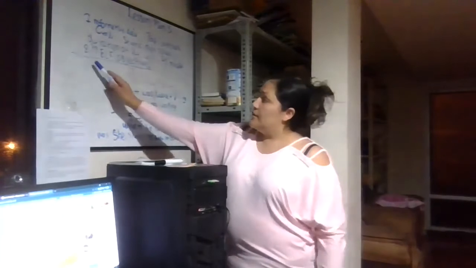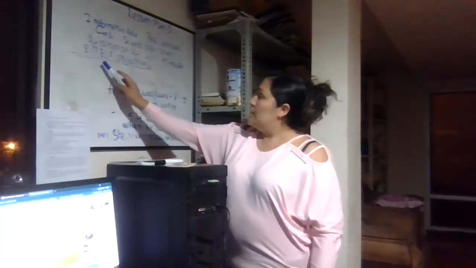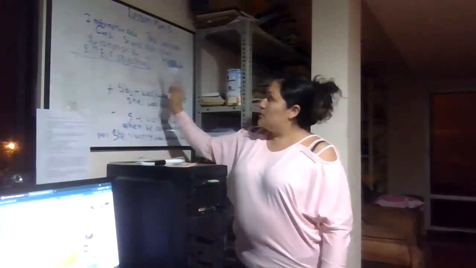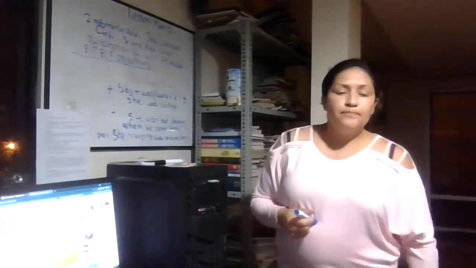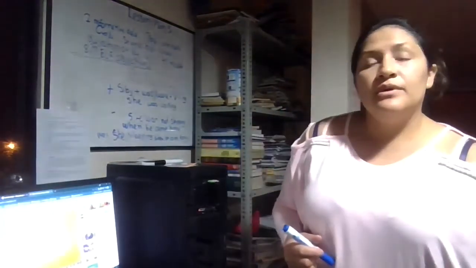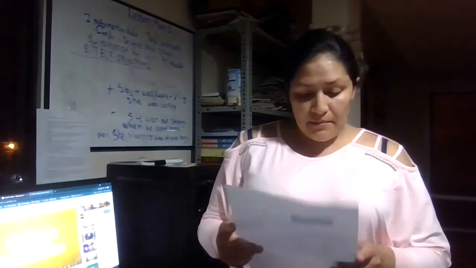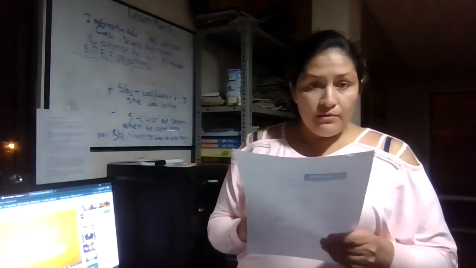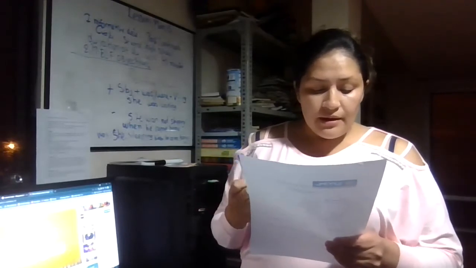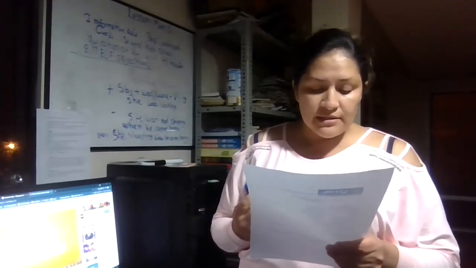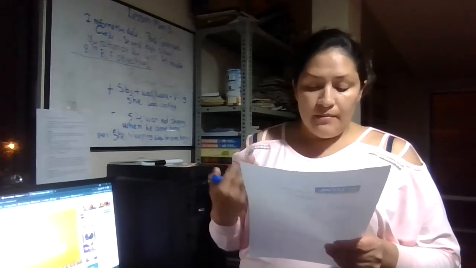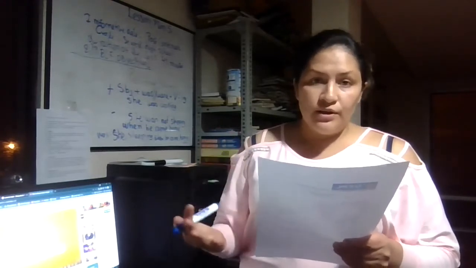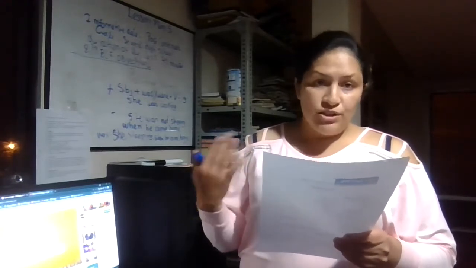In step 2 are the objectives. We have the 4 abilities. Number 1, listening: students will listen to a short story based on the structure of the past continuous.